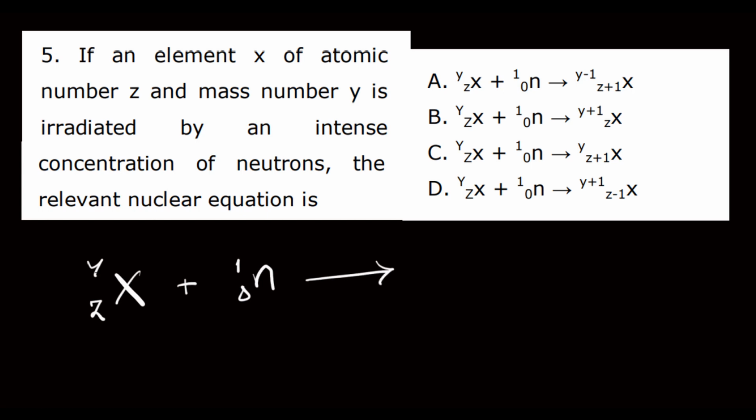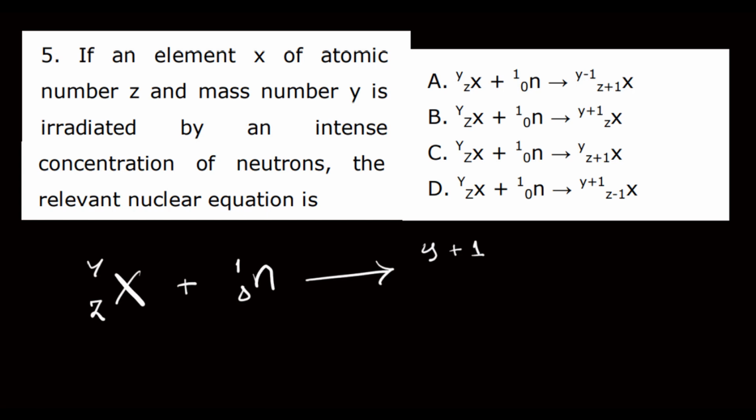If we add the mass numbers of X and the neutron, what will we get? This will be Y plus 1, right? And if we add the atomic number Z and the charge of the neutron, which is 0, what will we get?